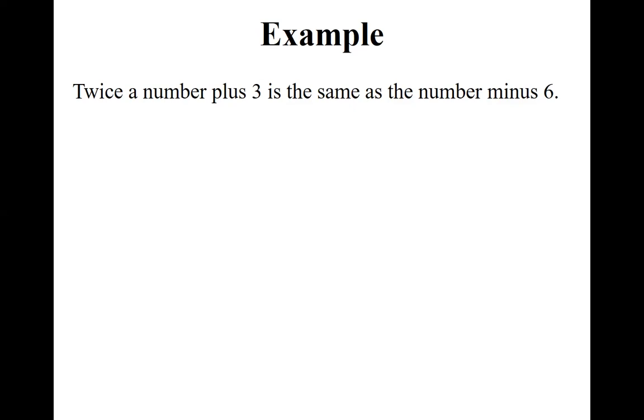We're going to literally translate from left to right. Twice a number, let's use x for the number. Twice a number means 2 times the number. 2 times x is 2x.